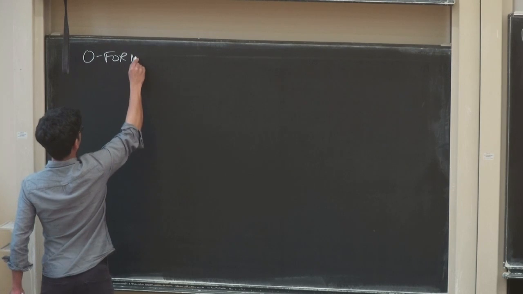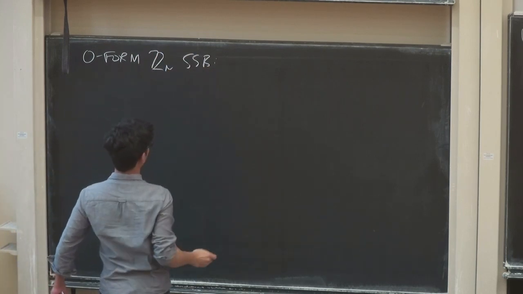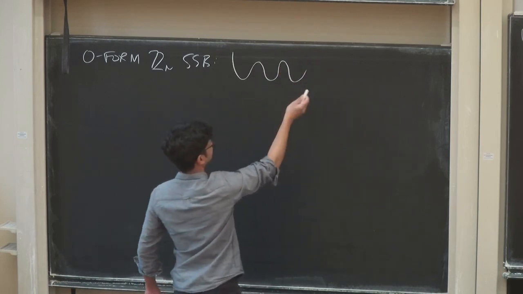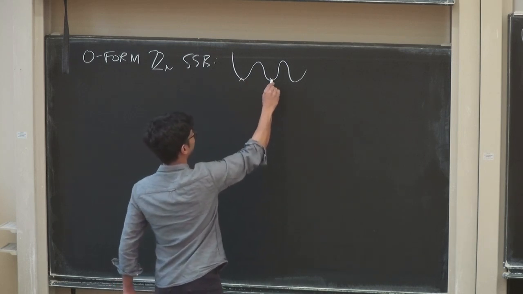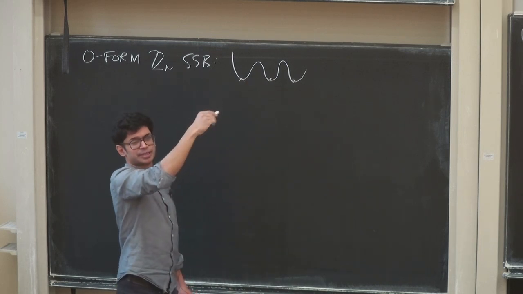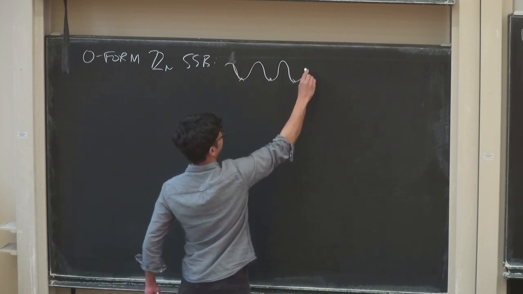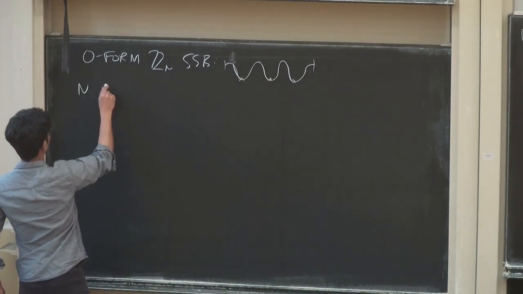If you have a zero form Zn spontaneous symmetry breaking, in other words, you imagine that you have some periodic potential, then you have one ground state for each minimum of the potential. Then you get n ground states.